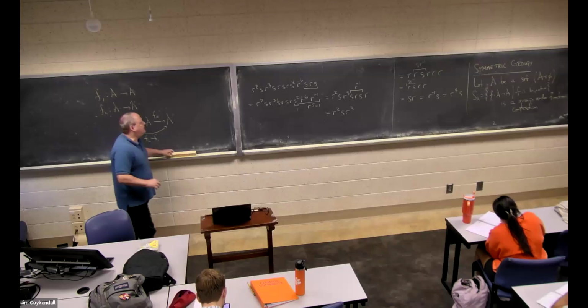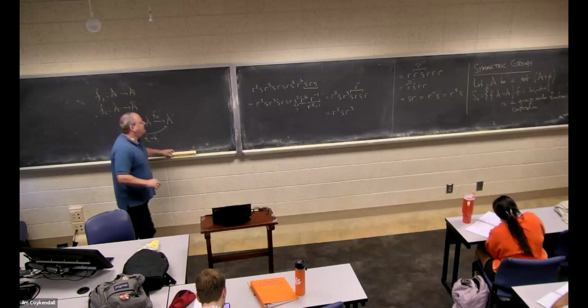Here, just F, not F composed with G. 2. Okay, now where does F take 2? To 4. Where does F take 4? 3. And the last one, 3 goes to 1. And that closes that off.